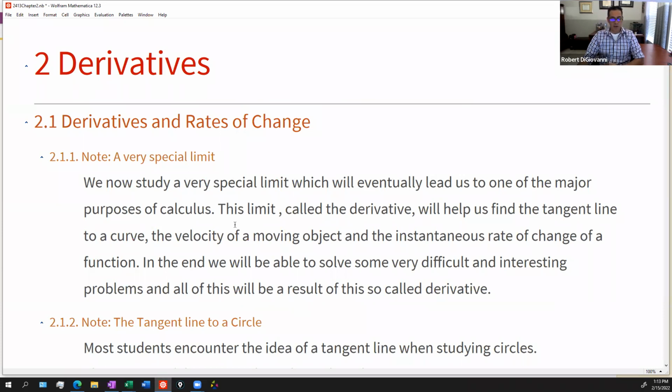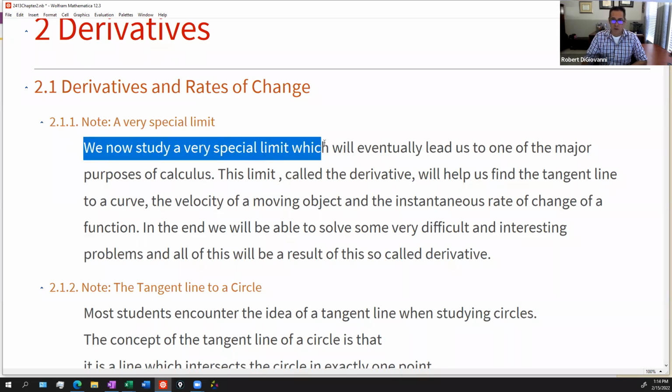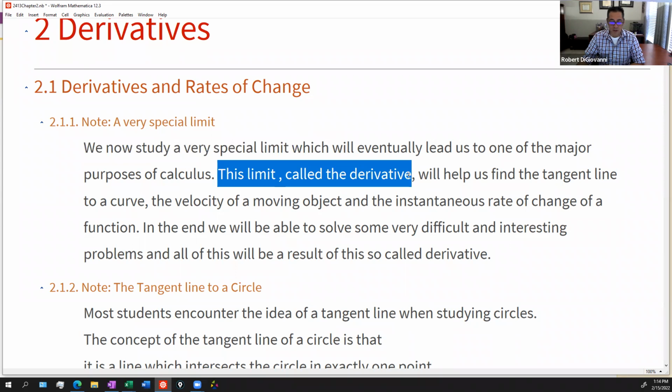The first thing we're going to do is talk about what this section is about. We've studied all sorts of different limits. What we're going to do now is study one very special limit that is going to allow us to go after this one concept. This limit is called the derivative.